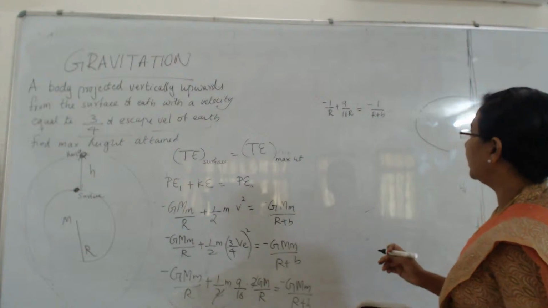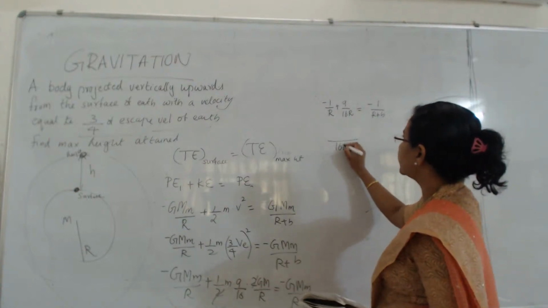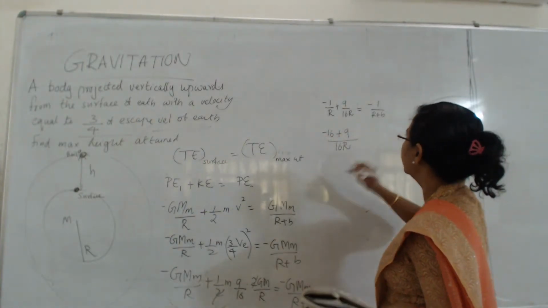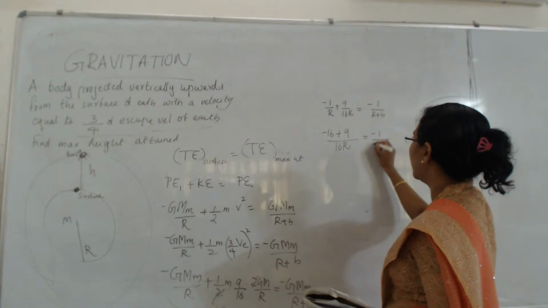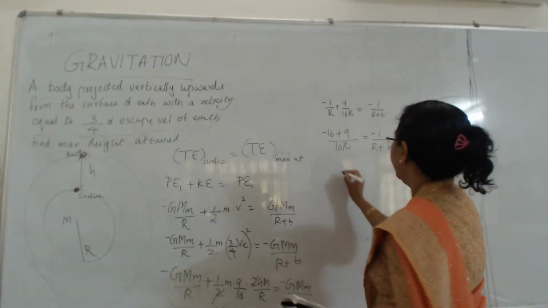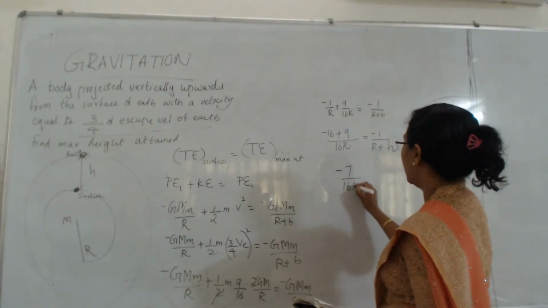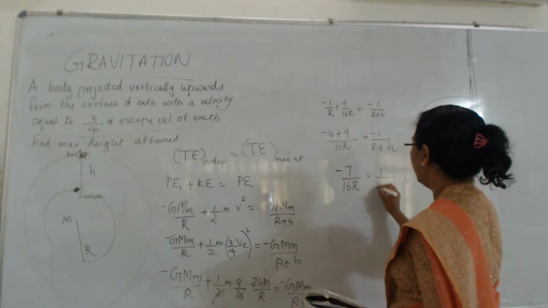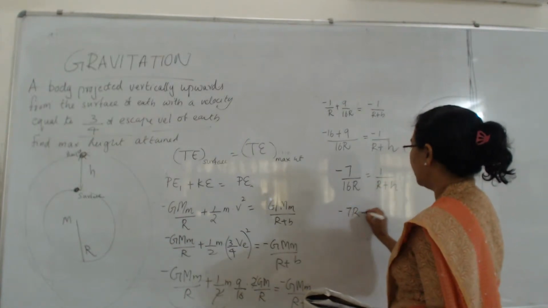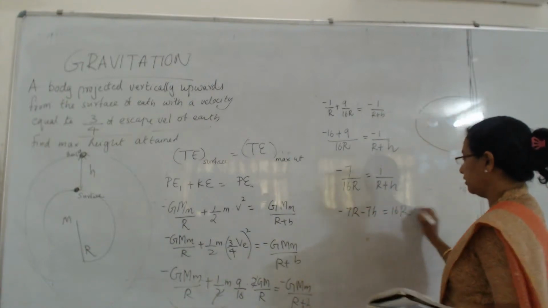So now we can just do it. 16R if you take the LCM: minus 16 plus 9 over 16R equals minus 1 by R plus h. It is minus 7 by 16R is equal to minus 1 by R plus h, so 7R plus 7h is equal to 16R.